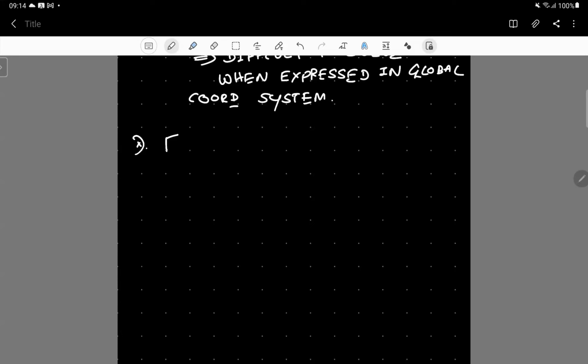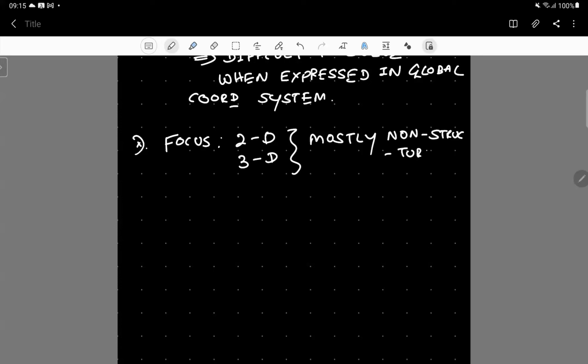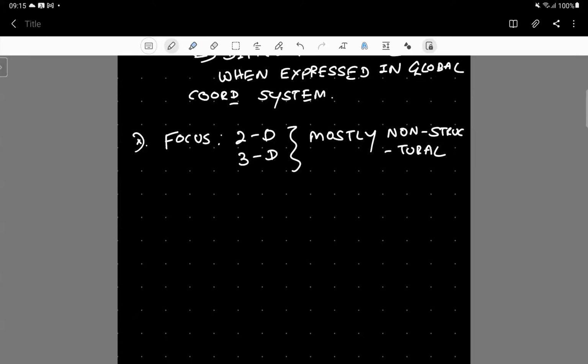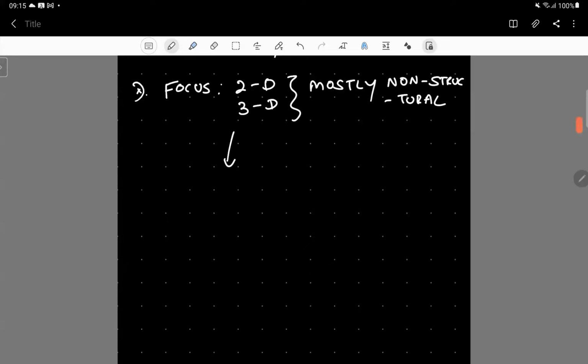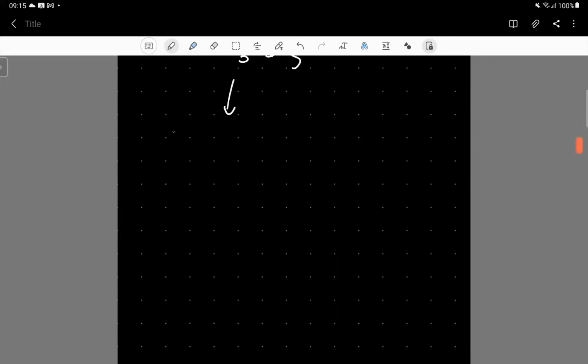The focus is mainly on 2-dimensional as well as 3-dimensional problems, because these isoparametric formulations allow us to create elements which are non-rectangular, and we can also employ elements having curved surfaces. So non-rectangular elements, also including curved surfaces.